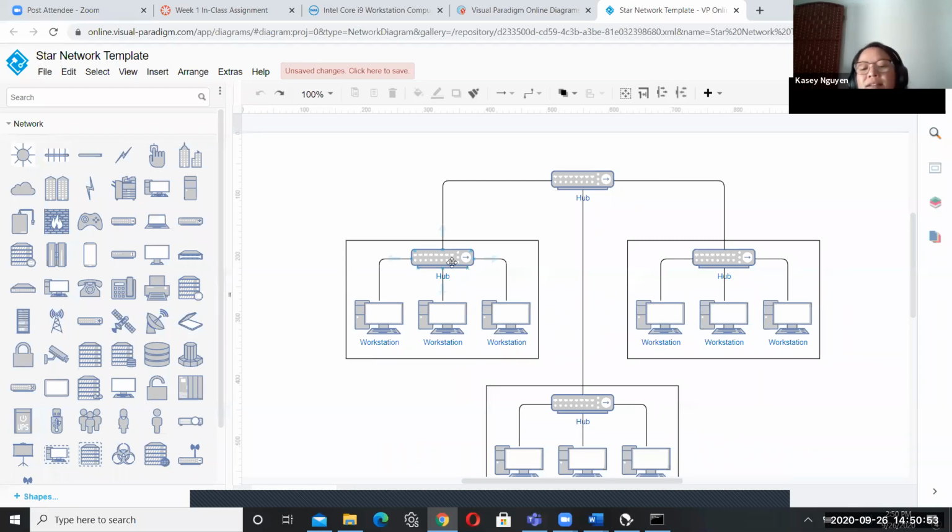Okay. Or I can be sitting here and want to communicate with someone here, so it's going to pass it up this way and then down here to this hub, and then to the destination. Okay, so that allows us to have an internetwork within.